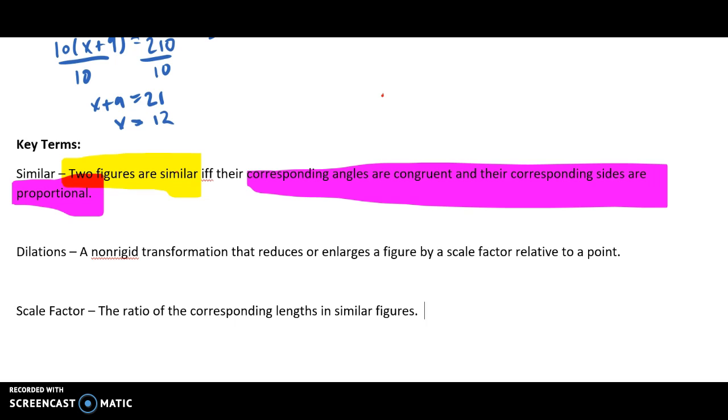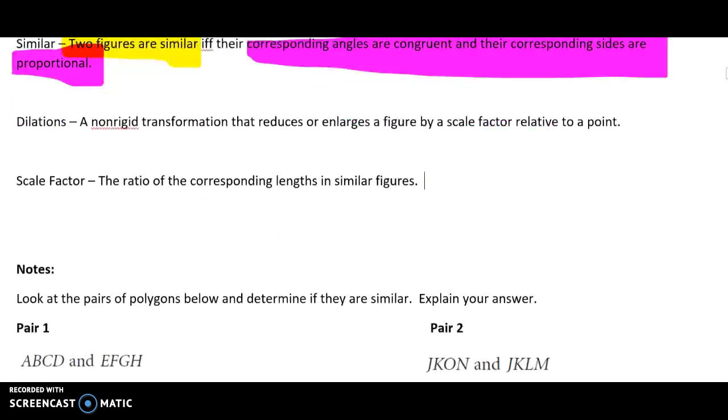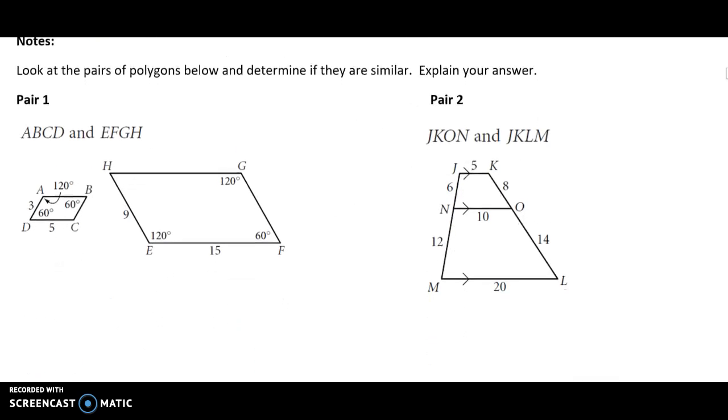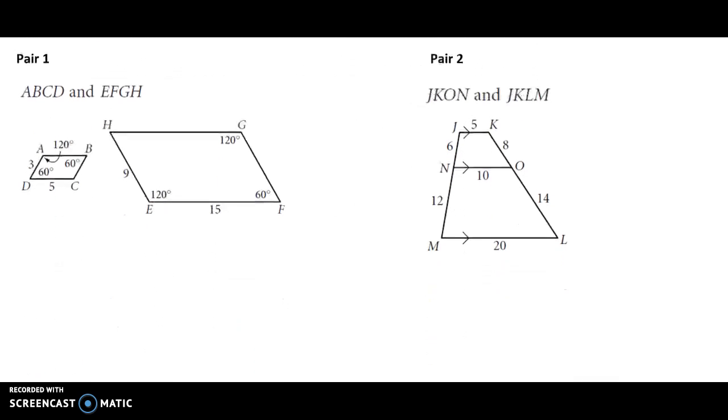How we refer to a scale factor also depends on which figure we consider the pre-image, the original figure, and which figure we consider the image, or the result of the dilation. Depending on that, we will talk about what our scale factor will look like when we get to class together.